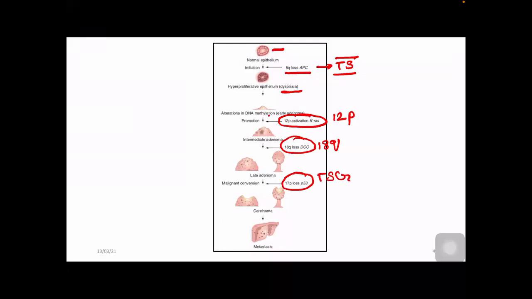So most of these are tumor suppressor genes, except KRAS, which is a proto-oncogene. All others are tumor suppressor genes. So remember these four genes, starting with APC, followed by KRAS, DCC, and finally from the late adenoma to carcinoma is the loss of function of the P53 gene mutation, which is present on 17p.